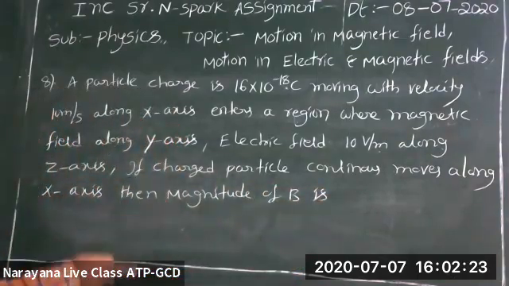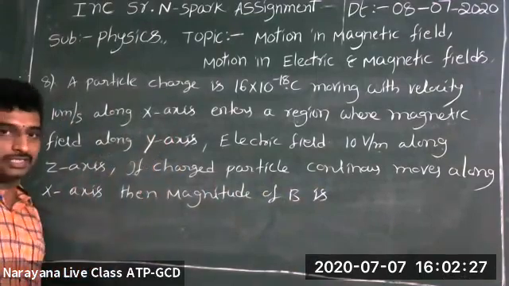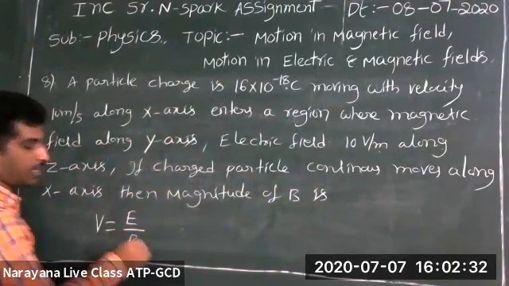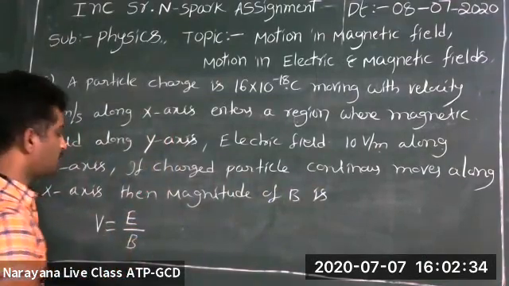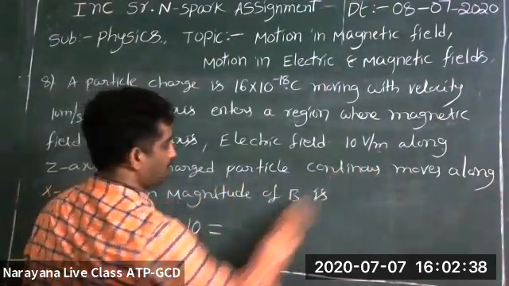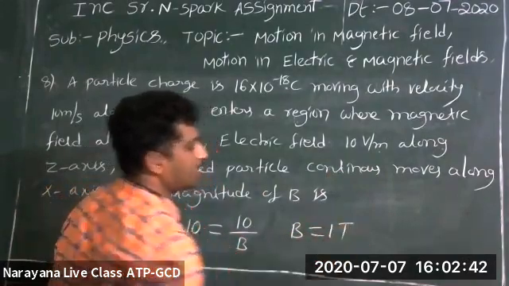So they are three are mutually perpendicular, y-axis, z-axis and x-axis. So velocity formula is E by B with undeflected path. So V value we already know, electric field is 10, so 10 by B. So B equal to 1 Tesla.